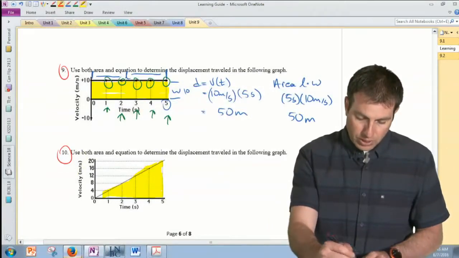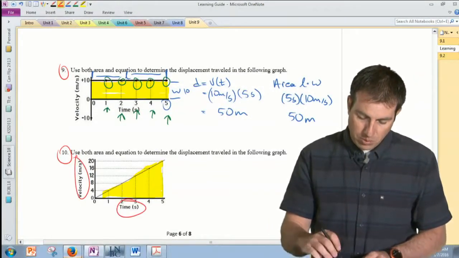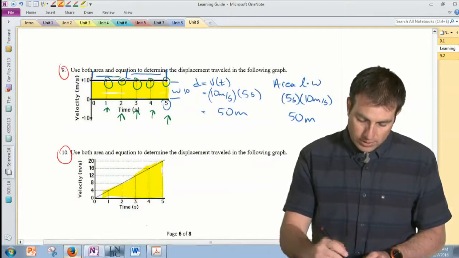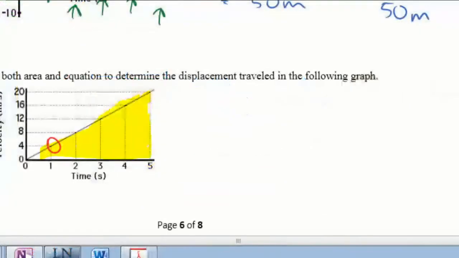I read my graph really carefully. I see that it's a velocity time graph. After 1 second, I'm traveling at 4. After 2 seconds, I'm traveling at 8. 3 seconds, I'm traveling at 12. You can see as time goes on, this object is speeding up. So that is a slope that's increasing. It's going up to the right. That means it's accelerating. Should all make sense.